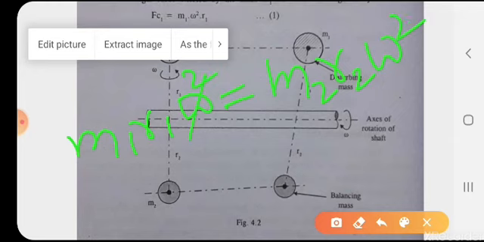So omega gets cancelled, then we have m1 r1 equal to m2 r2. This is the equation for balancing a single rotating mass by a single mass rotating in the same plane.